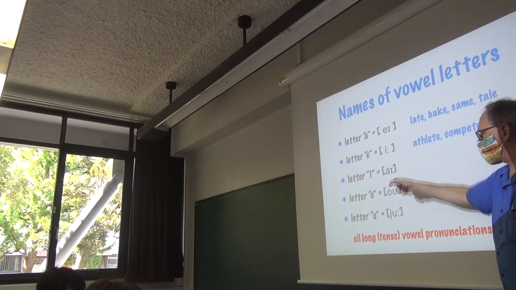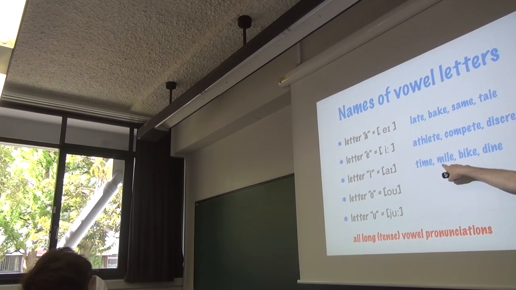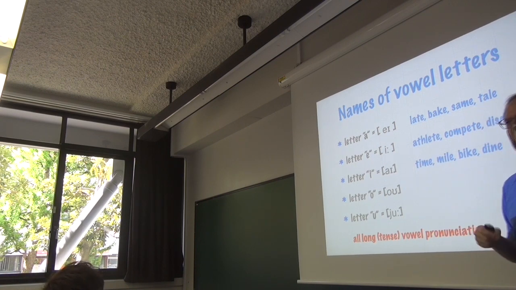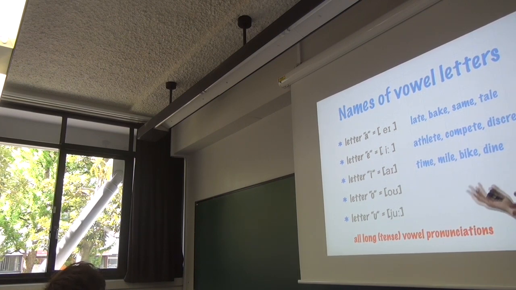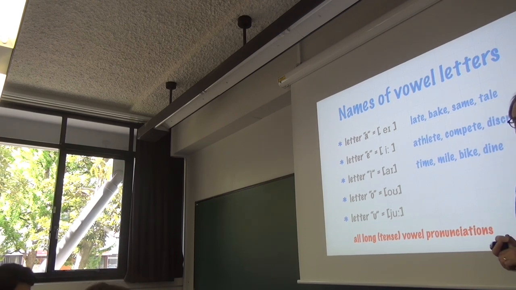And likewise the letter I, if followed by a silent E in time, mile, bike, dine, will always be pronounced as the name of the letter, which in this case is a diphthong.